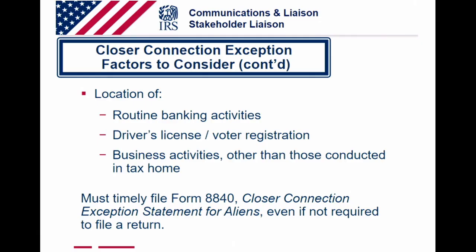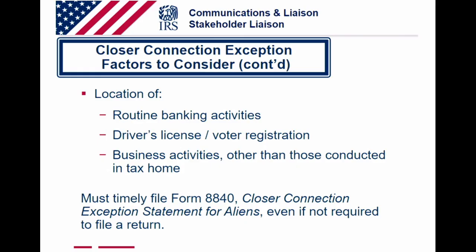An individual who meets all the requirements, meaning they were in the United States less than 183 days during the year, their tax home was in a foreign country during the entire year, they had a closer connection to that country than they did to the United States, and they had not taken any steps toward becoming a lawful permanent resident, meaning obtaining a green card.